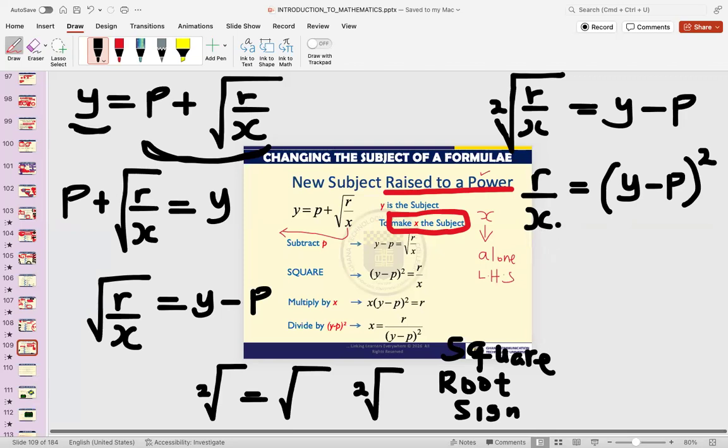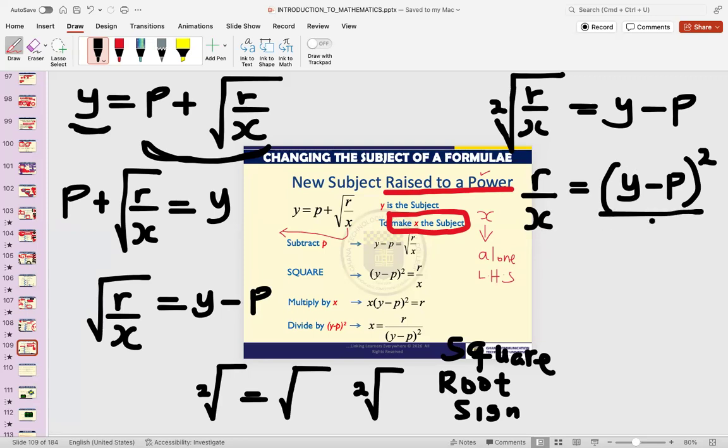And I also did mention that anytime you have a fraction, r over x, any number standing alone is the same as divided by 1. It doesn't change anything. So once you have 2 fractions, a fraction on the left, a fraction on the right, then you have to think of cross multiplication.